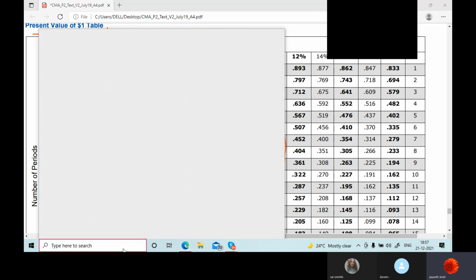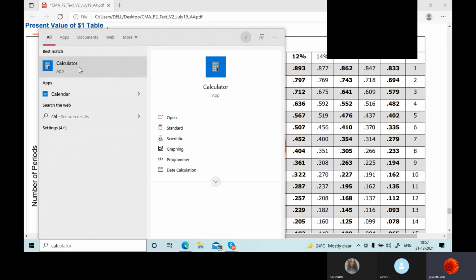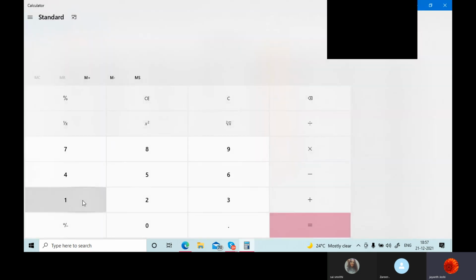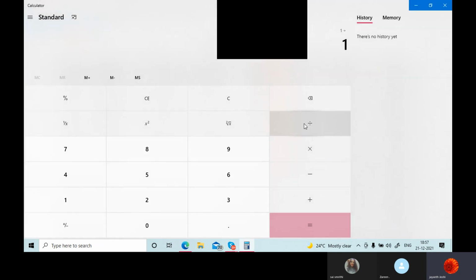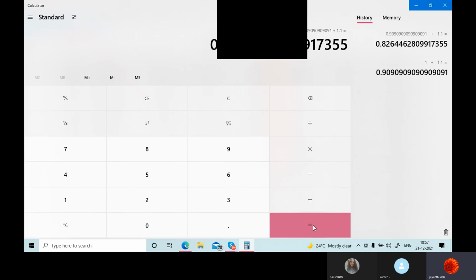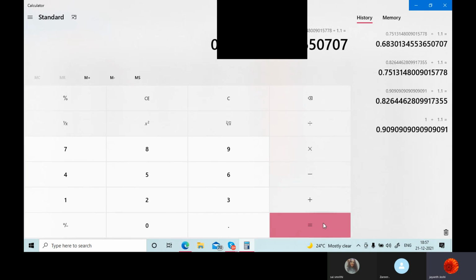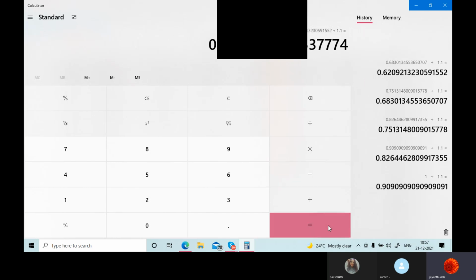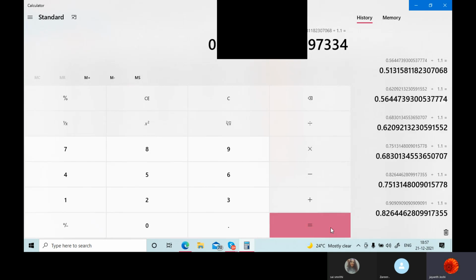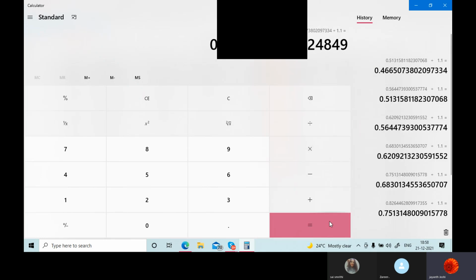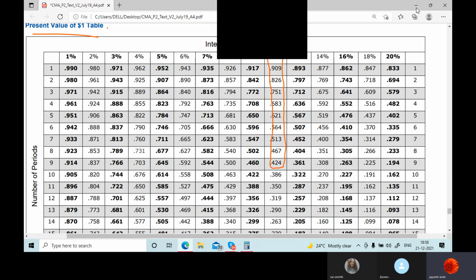Or you can calculate in your calculator also. You can easily calculate these values. You can follow this trick: 1 by 1.10 for year 1, then again equals for year 2, 0.826, again equals for year 3, year 4, year 5, year 6, just 3 values after decimal, year 7, year 8, and then year 9.